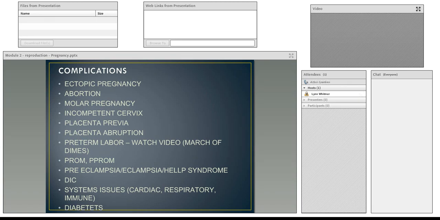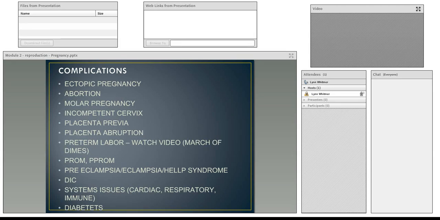Preterm labor, I would encourage you to watch the video that's embedded in the module. It's from the March of Dimes, and it's a very nice explanation of everything. It's as if we're talking to patients, but it'll give you all the information you need to help you with preterm labor. PROM stands for premature rupture of membranes, meaning she's ruptured membranes before she starts contracting.